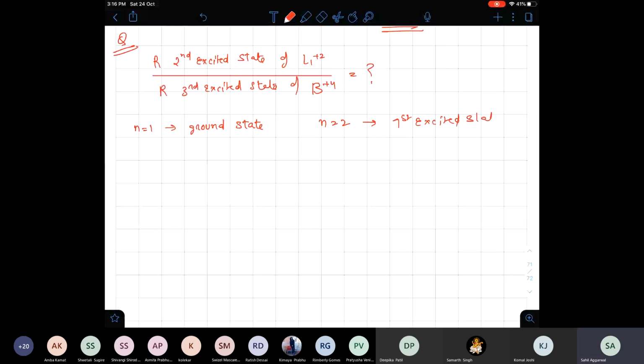N equal to 3 is called second excited state. Meaning if you have N equal to X, then it will be X minus 1 excited state.